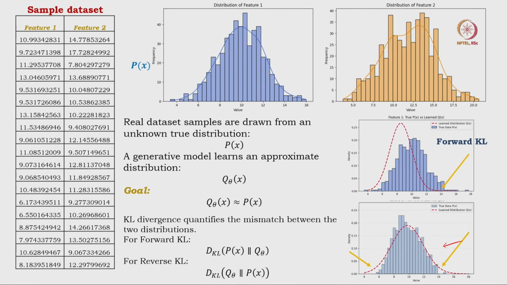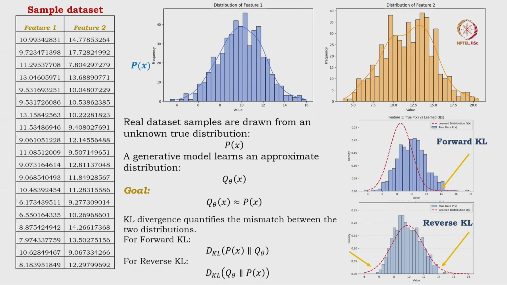Look at this portion here. P does not have a value here, but the model has learned that part also. When the model has learned that part, when it is generating the data, it will generate some unrealistic data. Do you agree? I hope you have understood. This is called reverse KL.